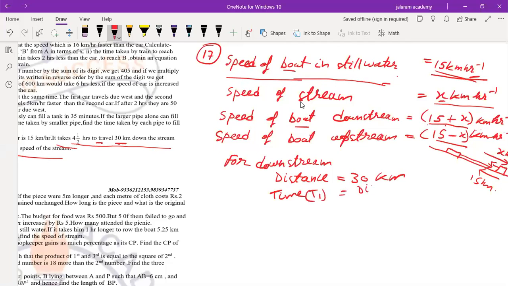Time equals to distance downstream over speed downstream, as we are finding time for downstream.